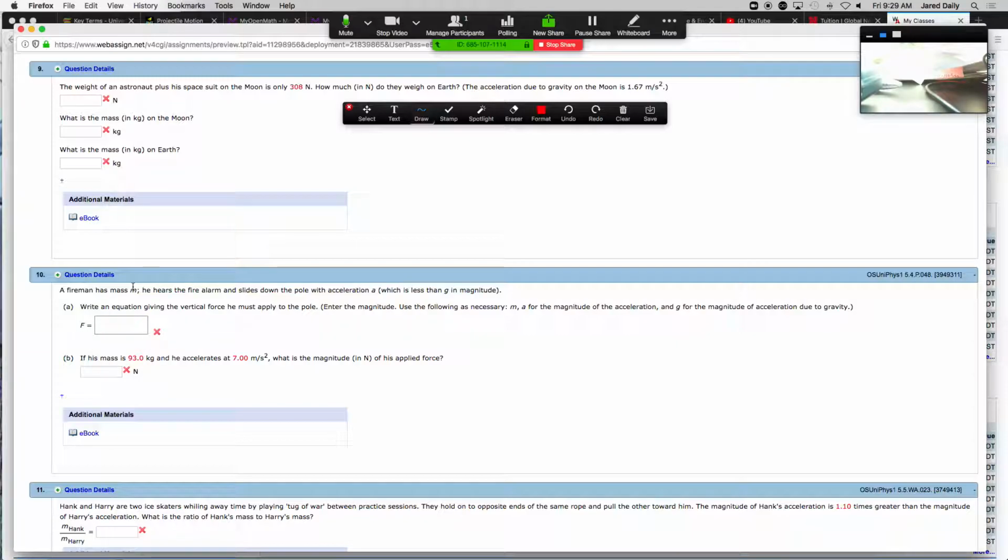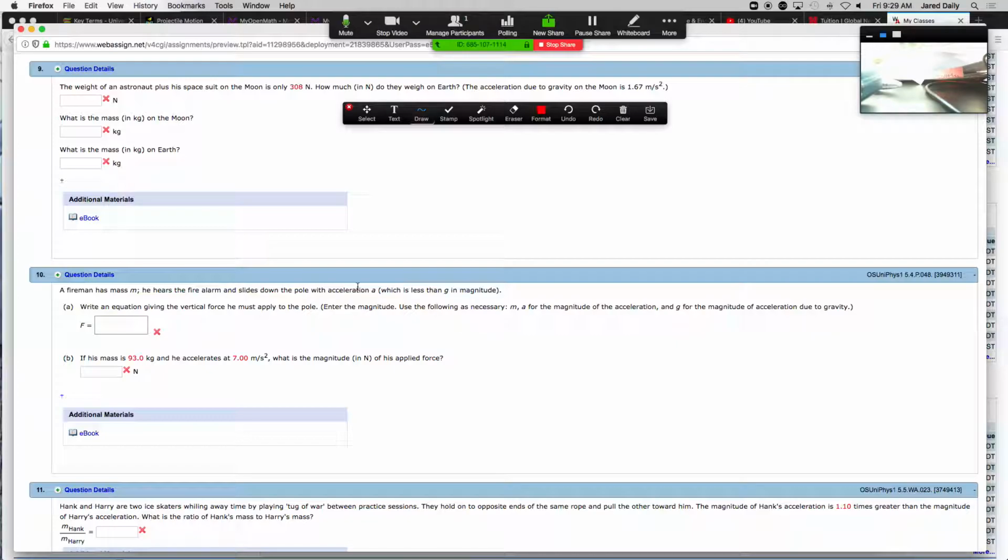So you can calculate the force that he has to apply to the pole to counteract this acceleration by setting up Newton's second law. The sum of the forces: you have the force of gravity, which is m times g, minus the force of the pole, which you don't know yet, but it's going to be mass times something.